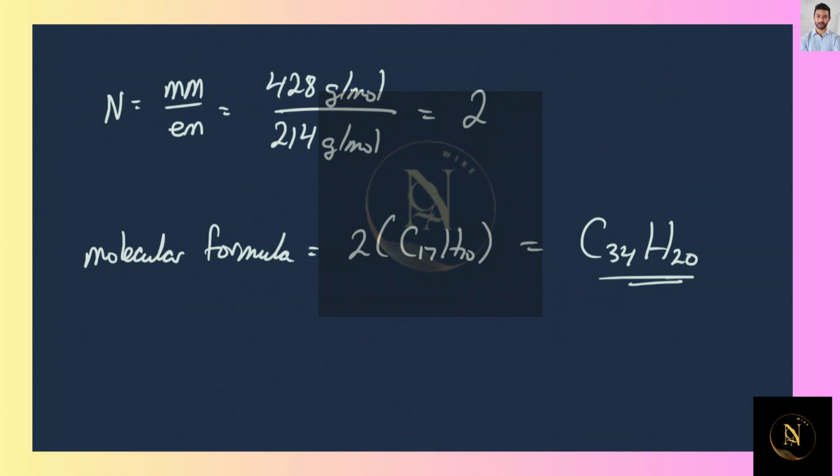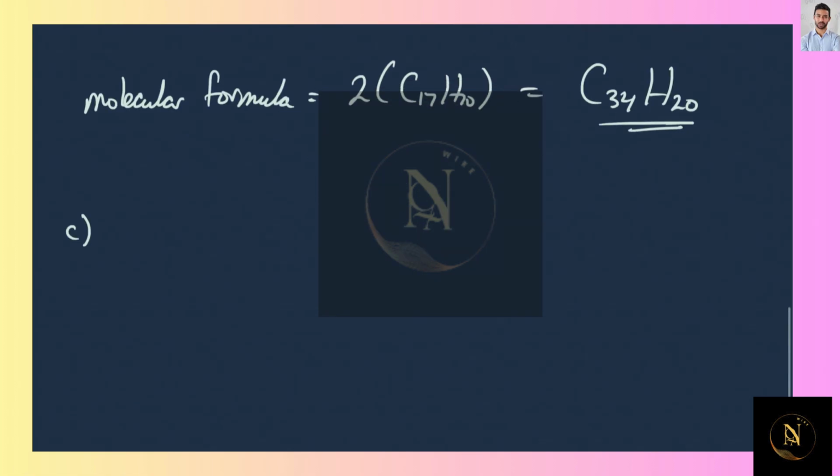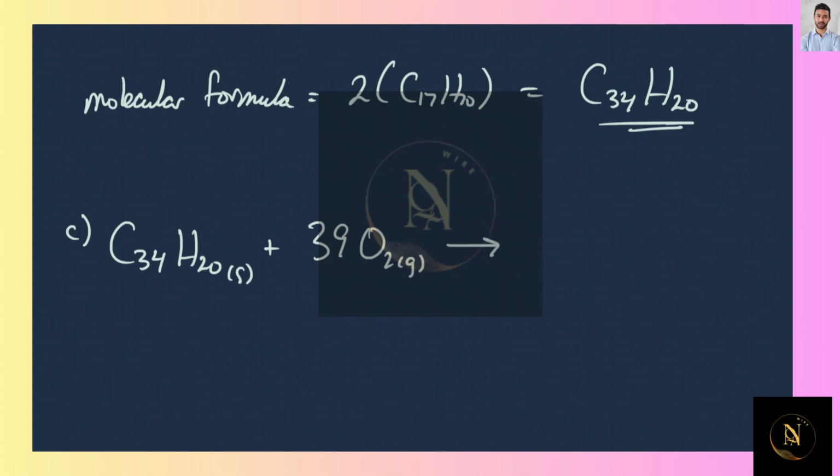And the balanced equation here for this combustion reaction would be C34H20 plus 39 O2 gas will produce 34 moles of CO2 gas and 10 H2O liquid. So there's our balanced equation for this combustion reaction.